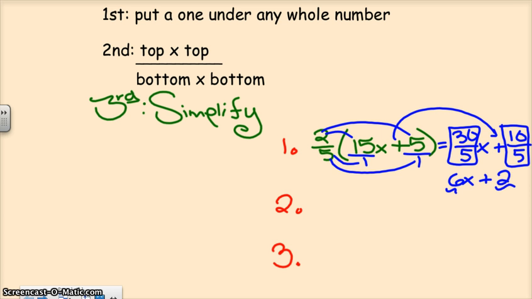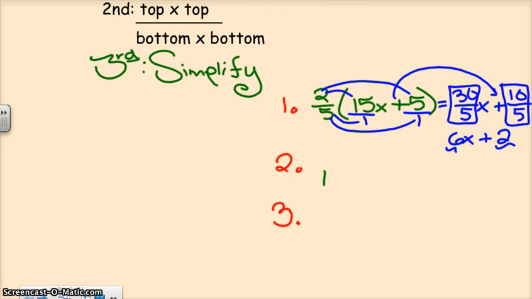Another example. 1/3 times 4x plus 9. Put a 1 on the denominator of the whole numbers.